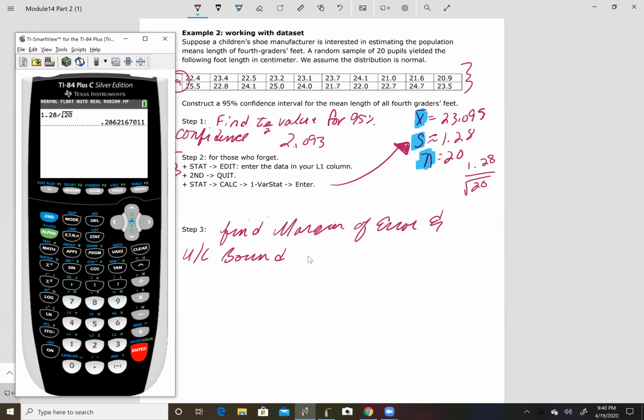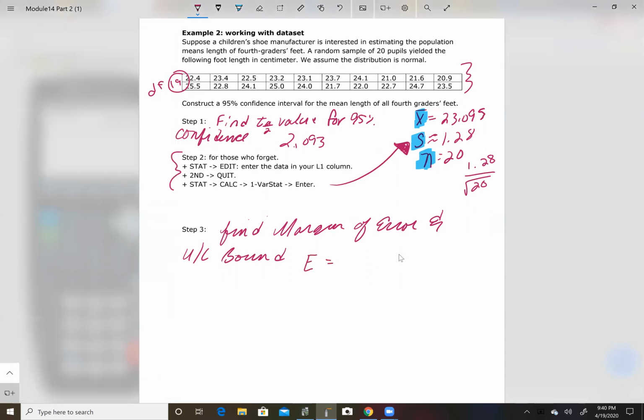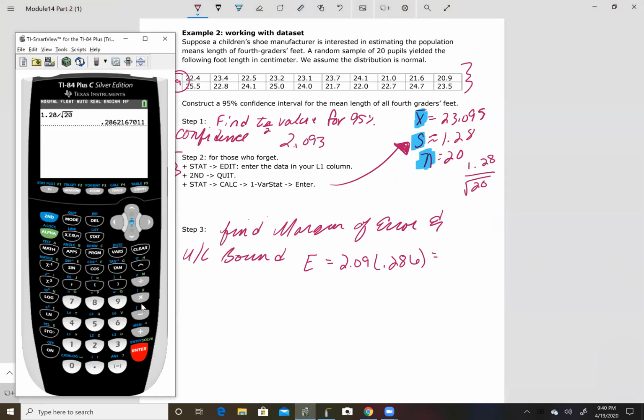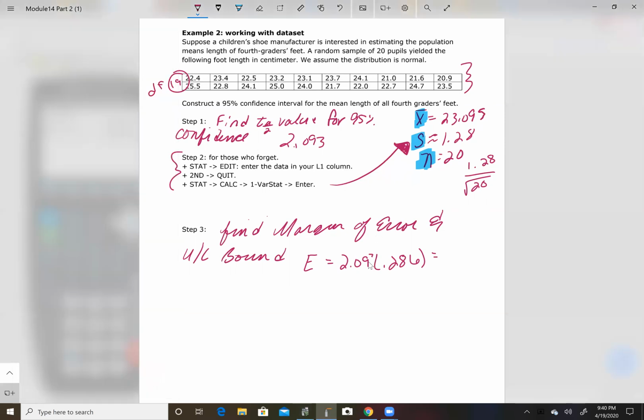0.286. So to find my margin of error, I'm going to get the number I found in the table, 2.093 times 0.286. And I get 0.599. Okay.